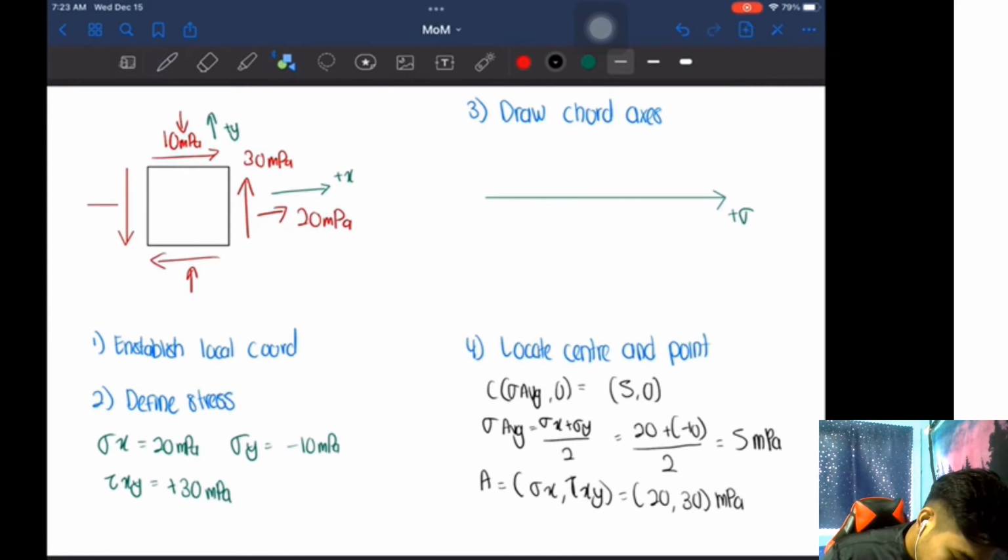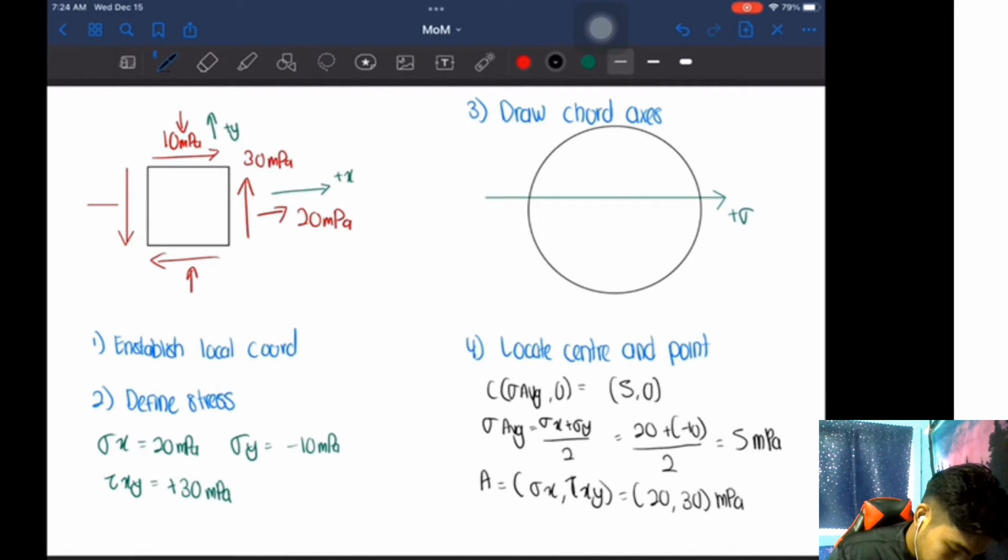On the paper, I would like to draw the circle first, and my center has coordinates of 5, 0.